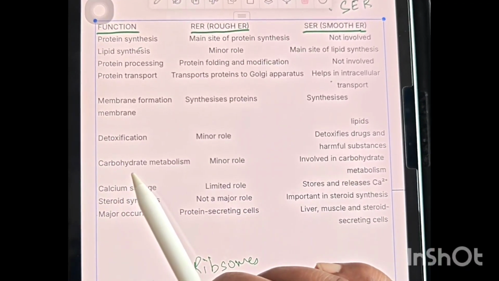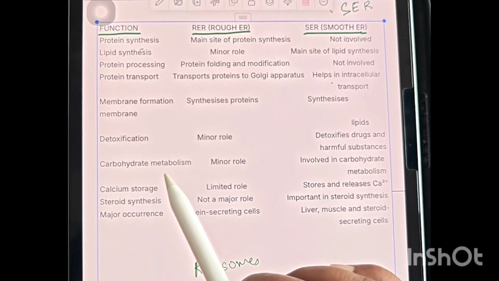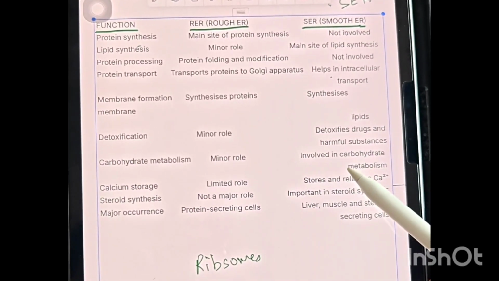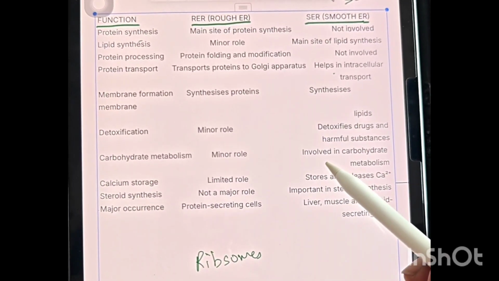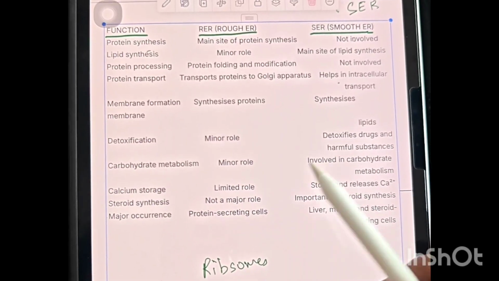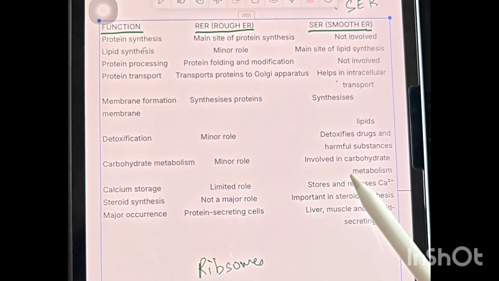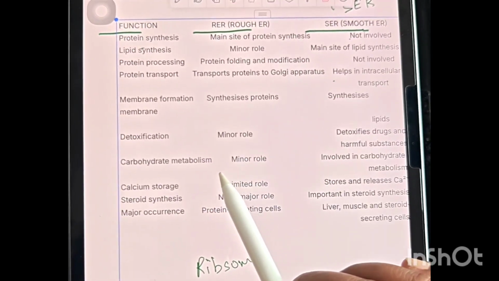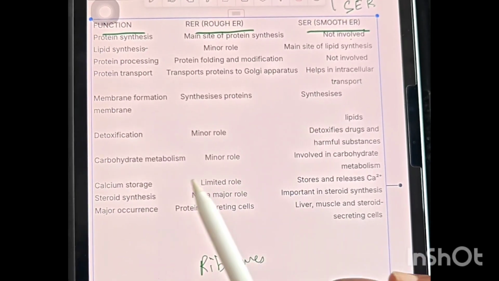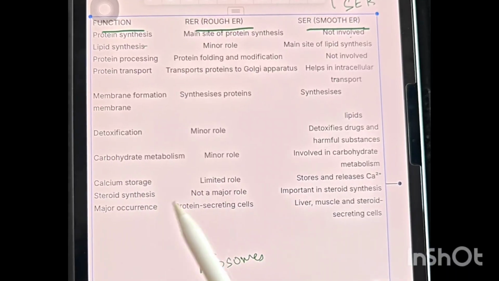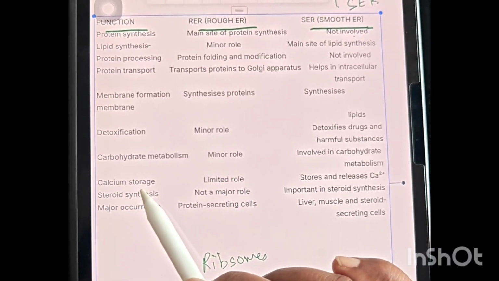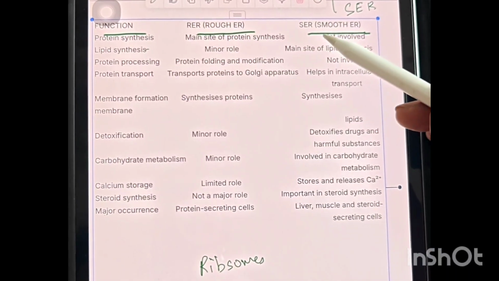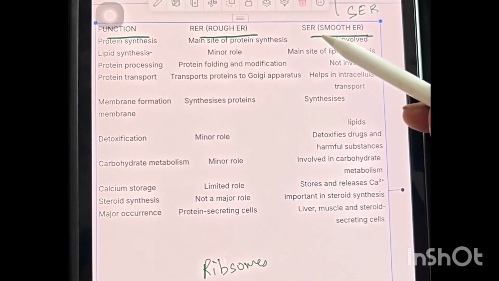Next is carbohydrate metabolism, where again smooth endoplasmic reticulum plays a major role, while rough endoplasmic reticulum has a very minor role in carbohydrate metabolism.